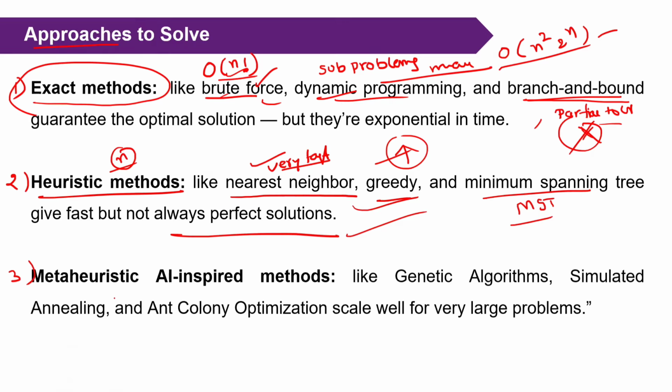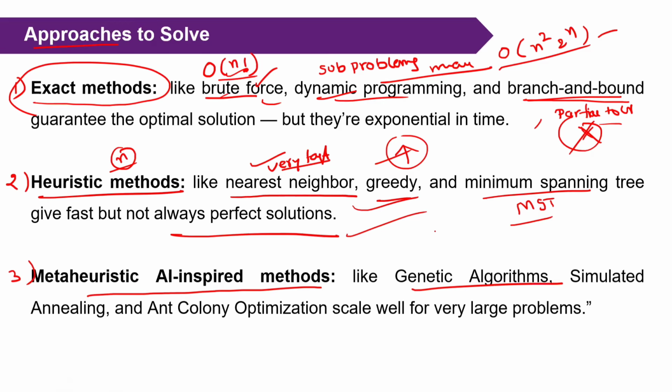And another approach is meta-heuristic, AI-inspired methods. The meta-heuristic approaches include genetic algorithms. So, what is the genetic algorithm? You know that one. By using selection, crossover, and mutation, it identifies the best solution that can produce another one.